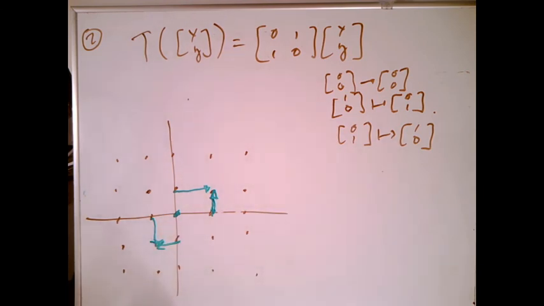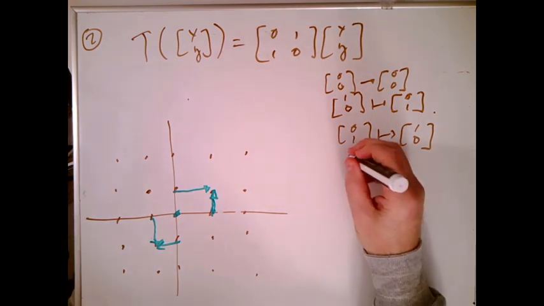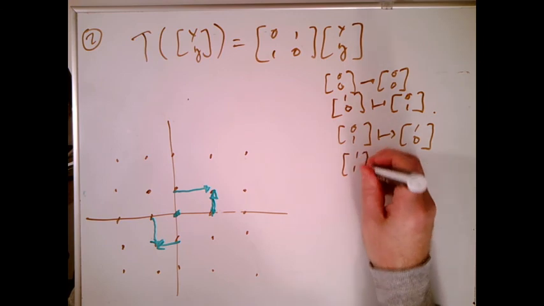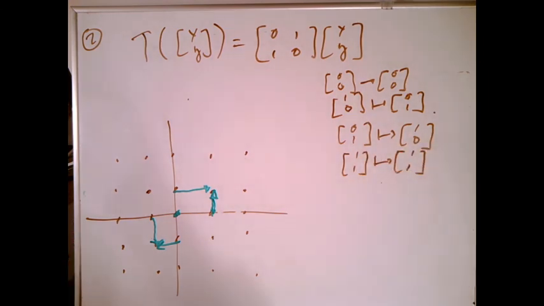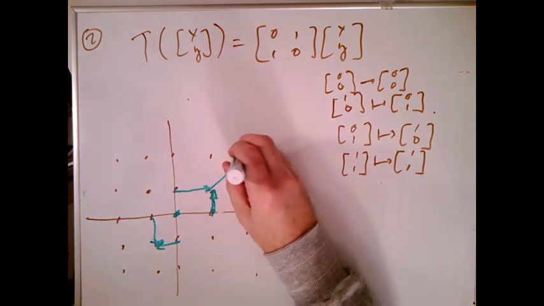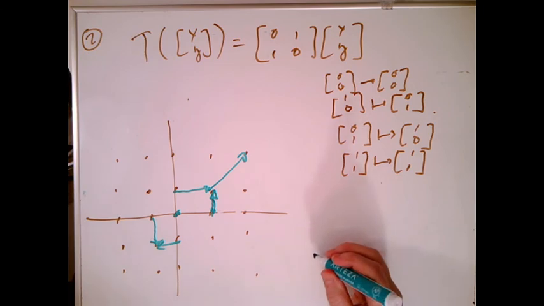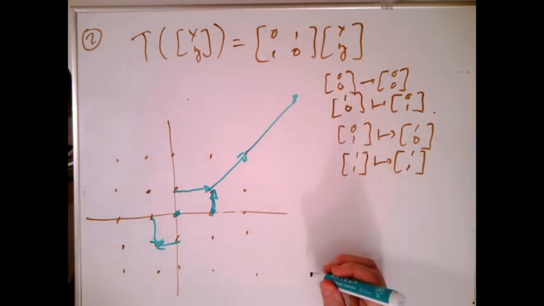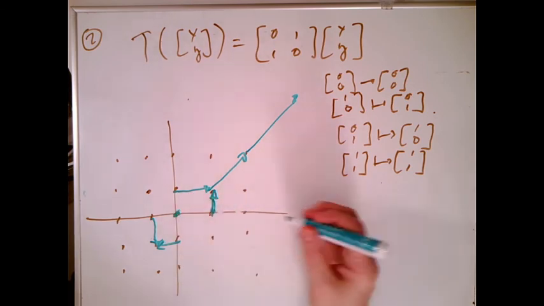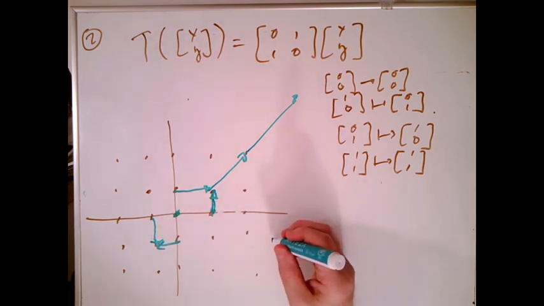When I plug in (1, 1), the answer is (1, 1). So I go to the point (1, 1), I draw the vector (1, 1). And when I plug in (2, 2), I'm just going to get the vector (2, 2), so that one stays that way. If I plug in the vector (1 1/2, 1 1/2), I'm going to get the vector (1 1/2, 1 1/2).